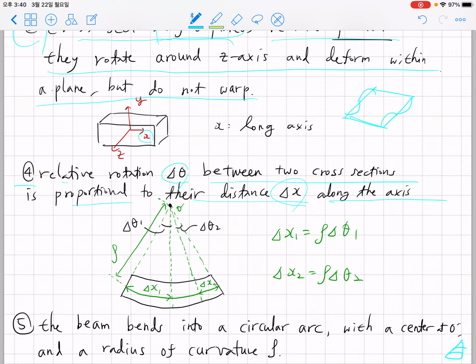Actually, we are making these assumptions for pure bending, and based on these assumptions, we build our mathematical derivation of stress and strain. But in an advanced mechanics course, instead of making these assumptions, we are going to prove that these statements are true under pure bending.